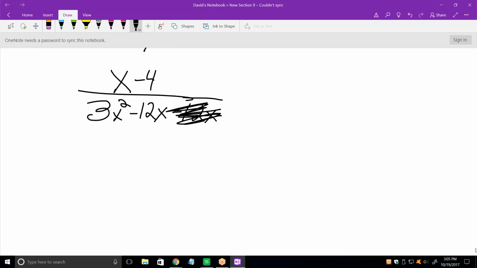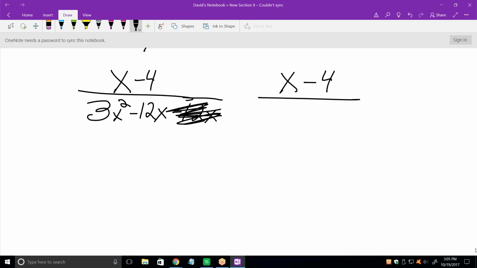Now, when you see an expression like that in the denominator, you know you can factor it. Your mind always needs to be in factoring mode whenever you're dealing with these kind of problems. What's the greatest common factor that I can remove from that expression?